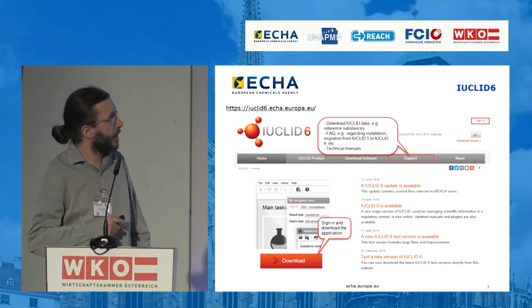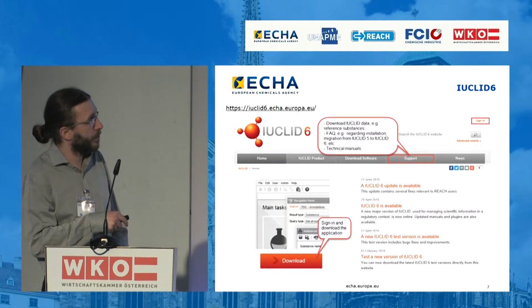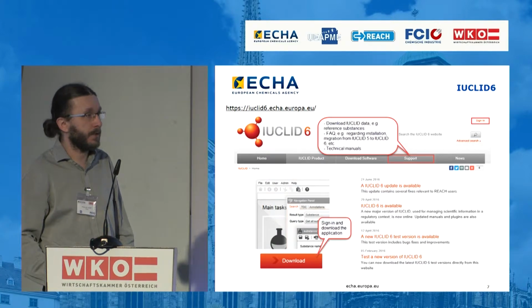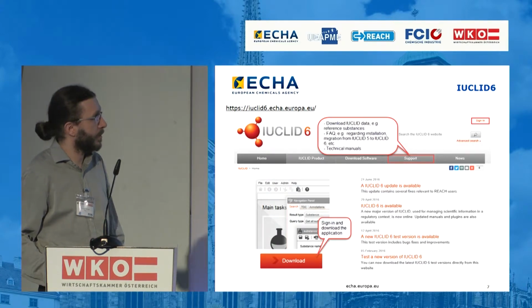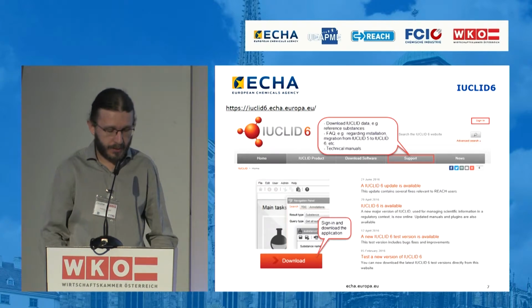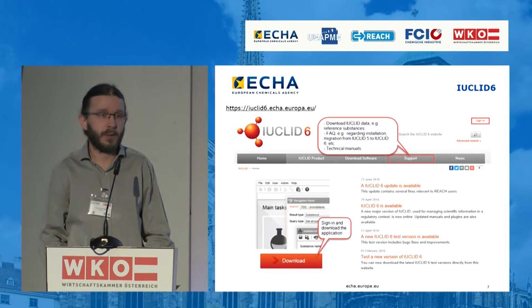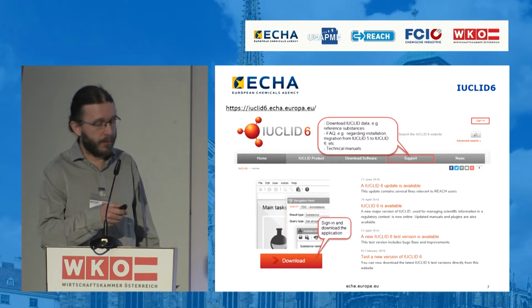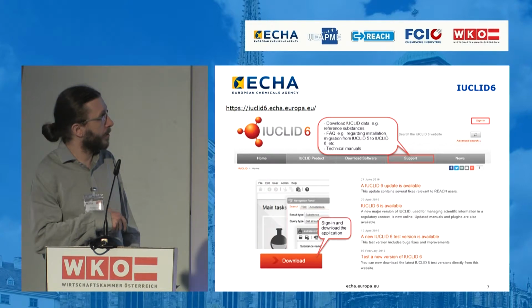If you create an account, you have the possibility also to subscribe to news alerts in order to be informed of any updates of the tools. For example, the last one was done at the end of January when we released version 1.2.0 of Euclid 6. And you can find some information about this release under the support section as well.